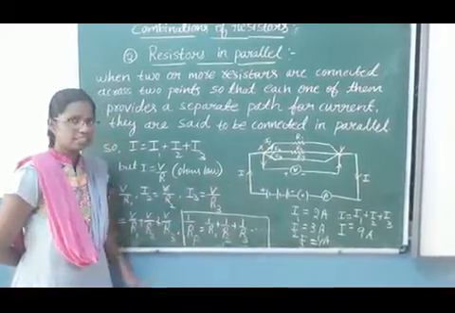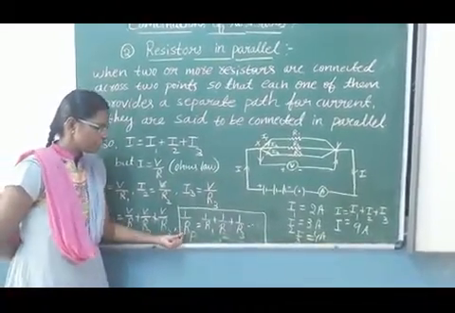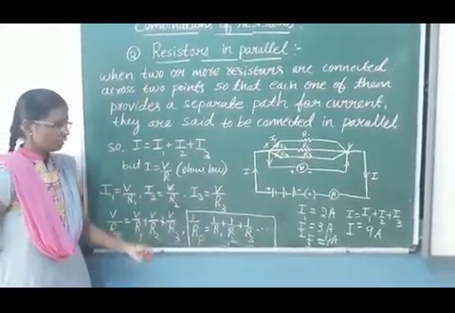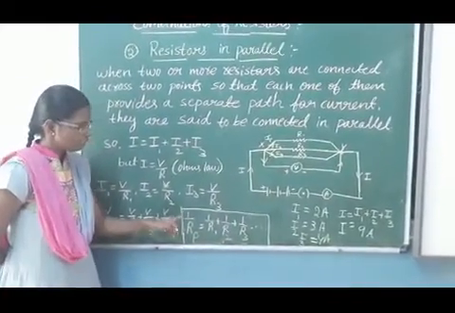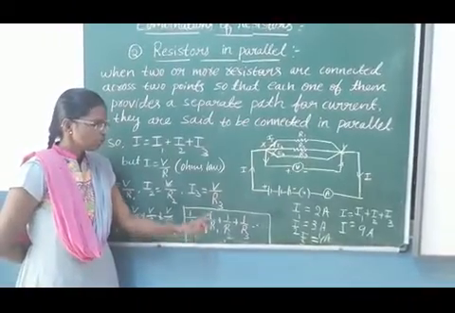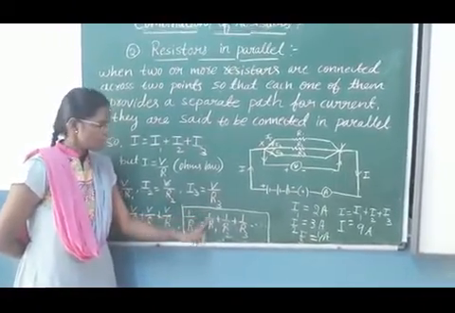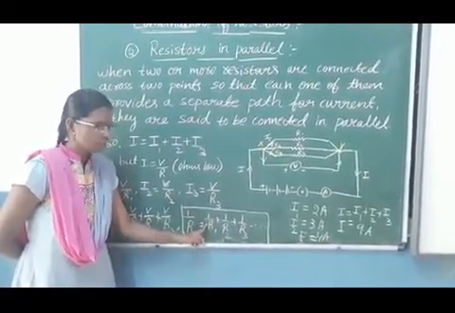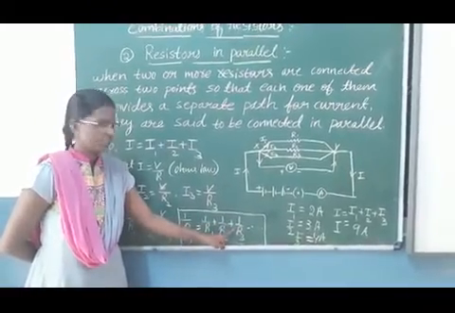Once again I will repeat, the reciprocal of the resistance in parallel is equal to the sum of the reciprocals of the individual resistors.